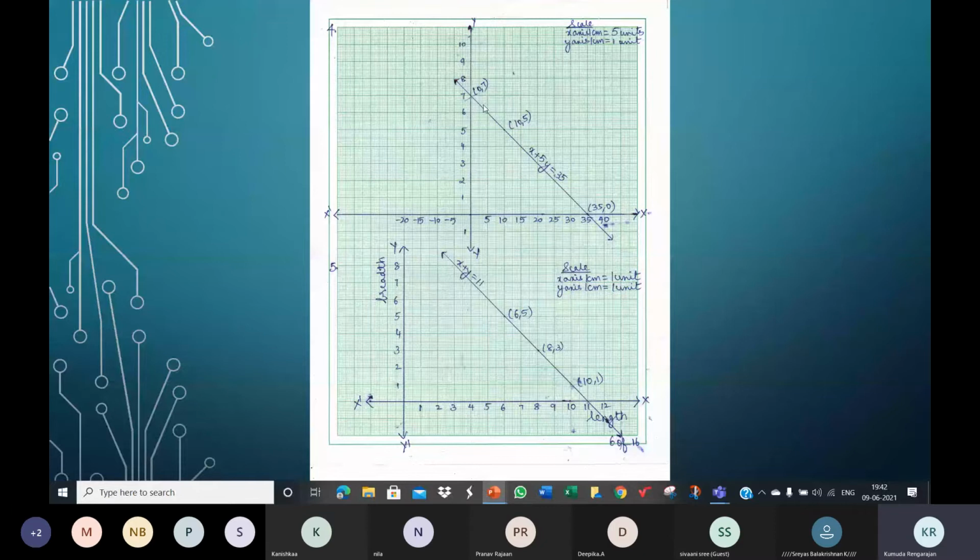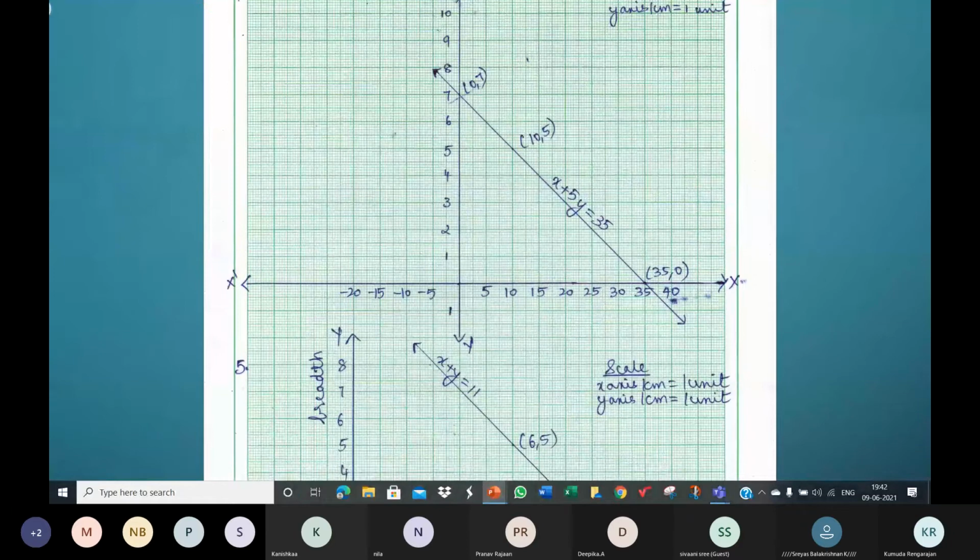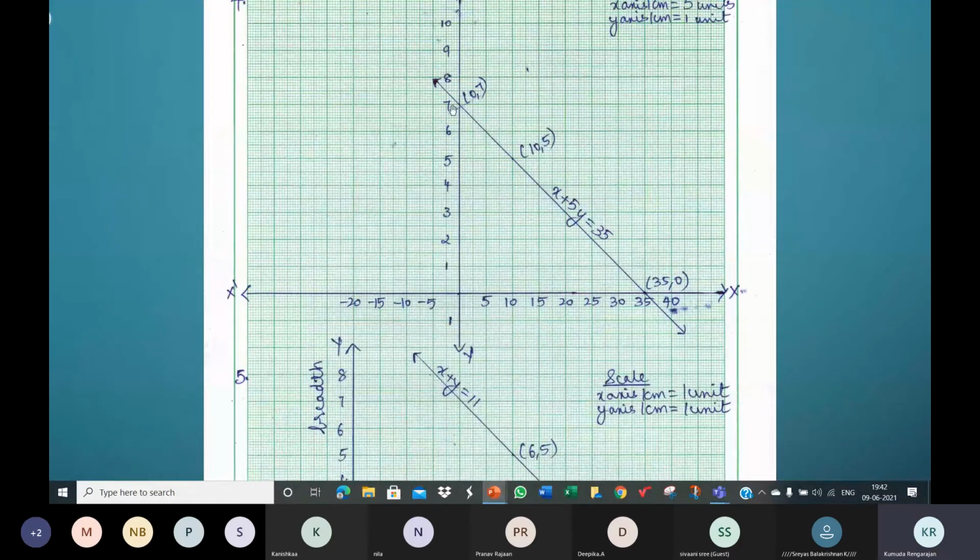Now here in this graph, in question number 4, in graph 4, you can see that the graph line x plus 5y is equal to 35 intersects the x-axis at the point (35, 0) and intersects the y-axis at (0, 7). Which means the x-intercept is (35, 0) and the y-intercept is (0, 7).